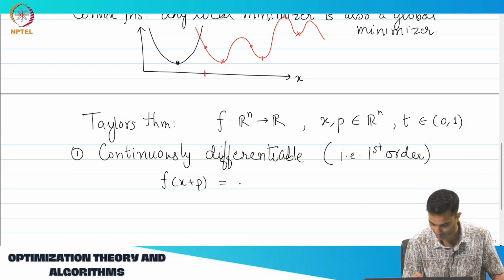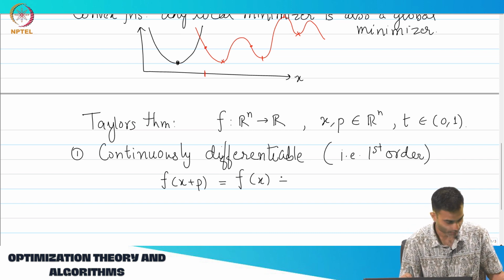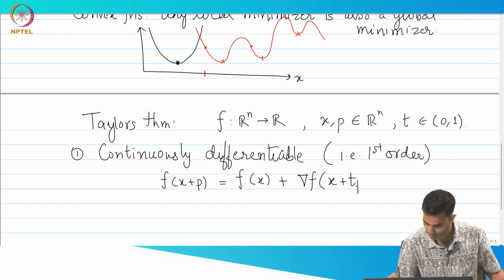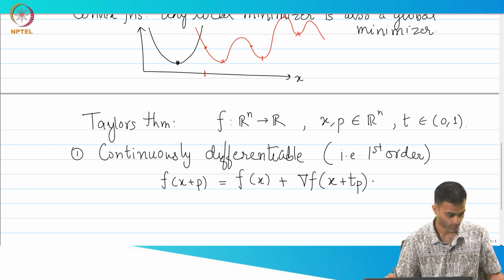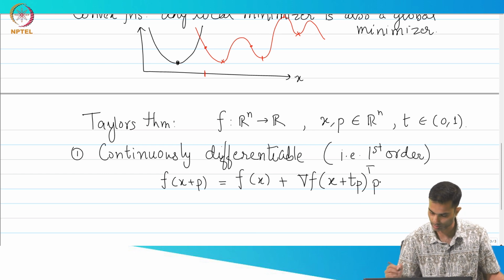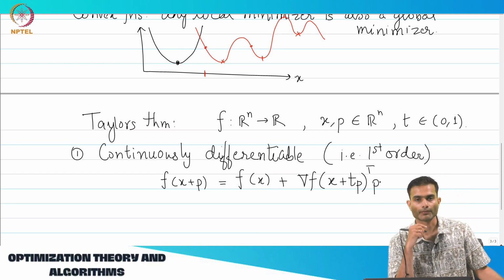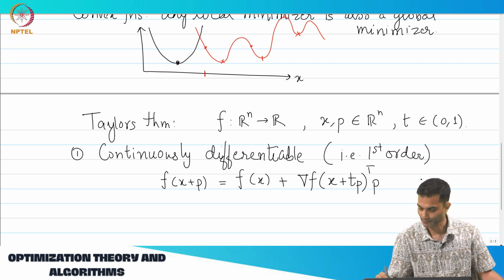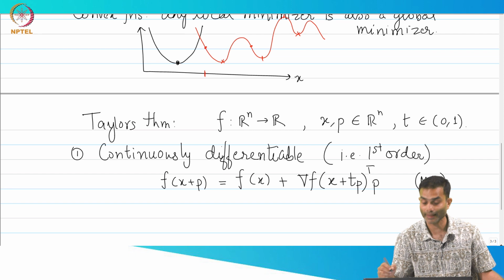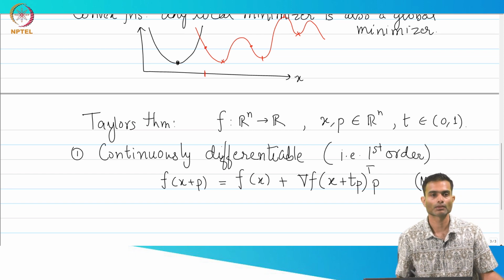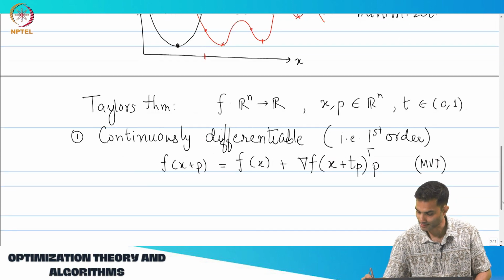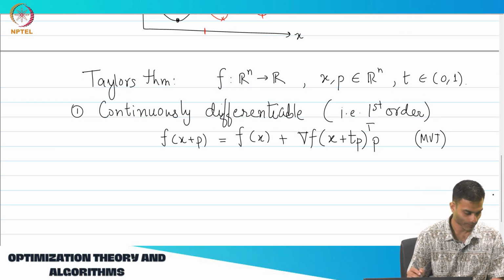That's what you are expecting. Technically, what is this theorem? This is the mean value theorem, because x plus tp is some point between x and x plus p, and this is equality, this is exact.